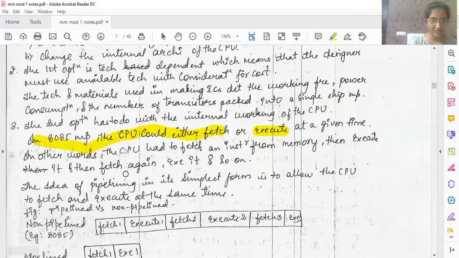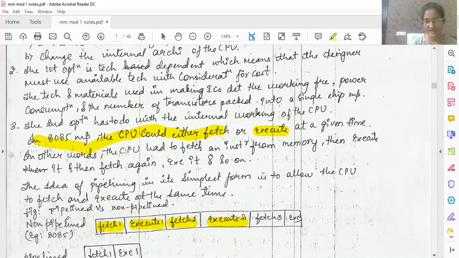But here we can see fetching of the instruction 1, execution of the instruction 1, then fetching of the instruction 2 and execution of the instruction 2, right? So either the fetching could be done at a particular given time, or the execution of a particular instruction will be done, right? Both cannot go simultaneously.